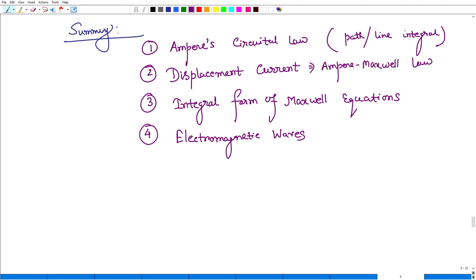In the next class we will discuss radiation pressure, and also the energy density when electromagnetic waves propagate. We have to calculate that energy density, and also we'll discuss radiation pressure, and then we'll discuss the various ranges of electromagnetic radiation.